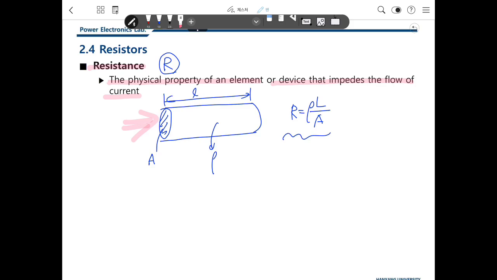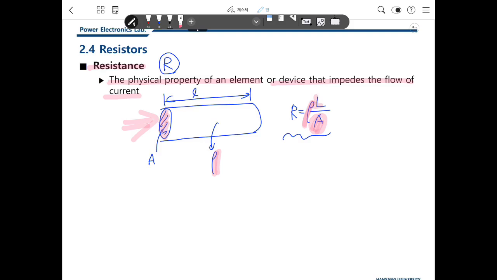When the area is large, that means there is more area for the current to flow. So area A is inversely related to R, and ρ, the resistivity, defines how much this material resists the current.